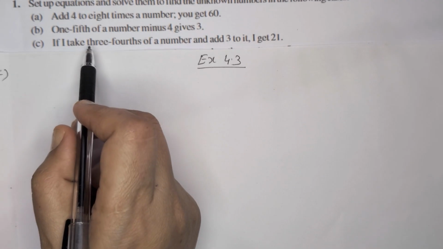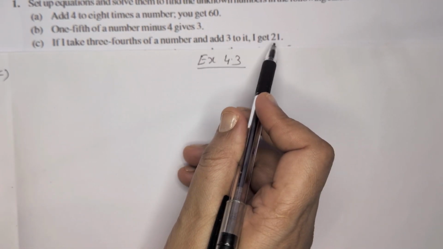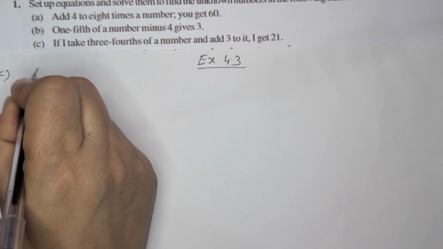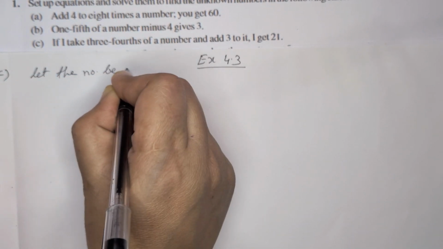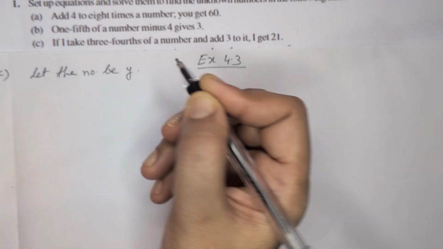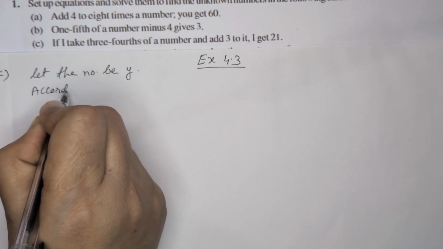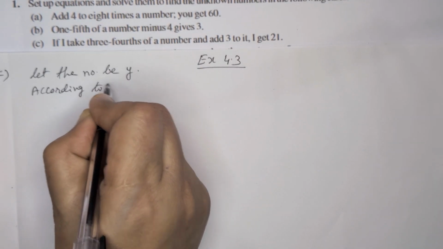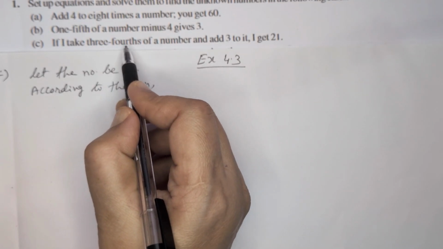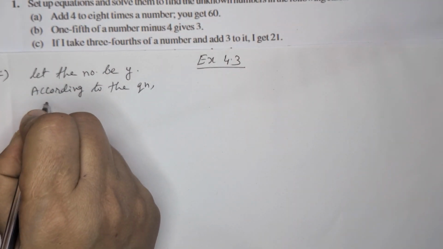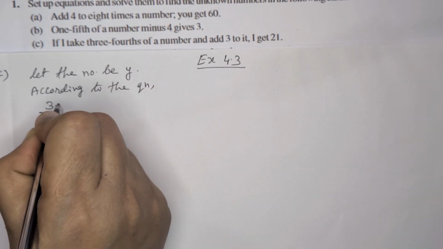Now see, if I take 3/4 of a number and add 3 to it, I get 21. Let the number be any variable, any letter y. Then, according to the question, we can write, if I take 3/4 of a number, that means 3 by 4 of y.